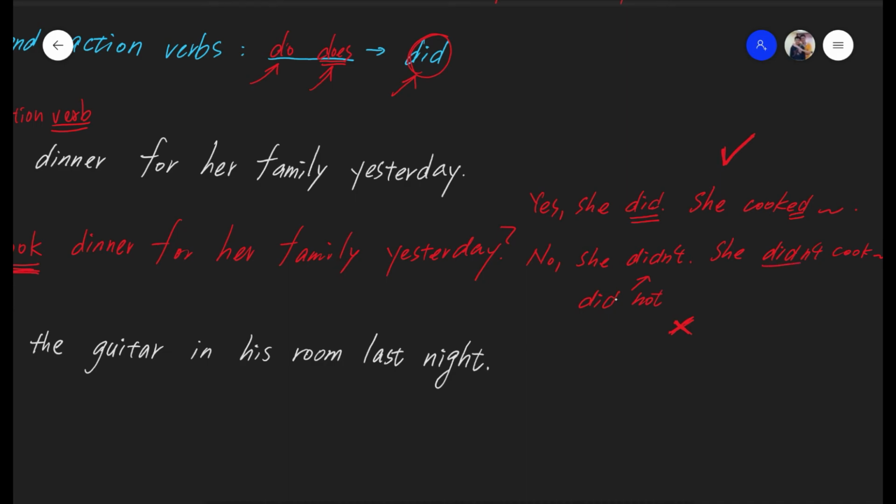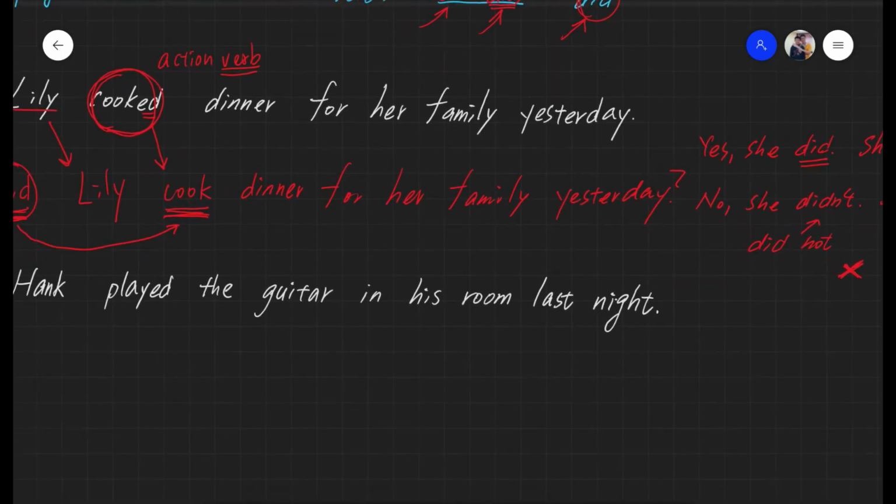You see, we have this word didn't, and when you have did, a helping verb in the sentence, make sure that cook, the verb after that, is a base verb. 所以在否定回答当中，因为有助动词的帮忙，所以后面的动词就一定是保持原形，这点要特别注意。Let's take a look at the second example then.